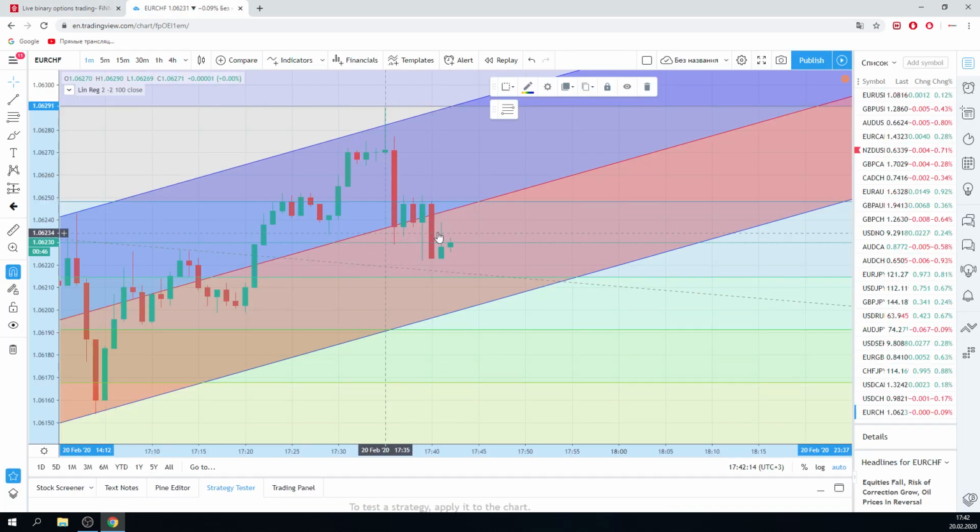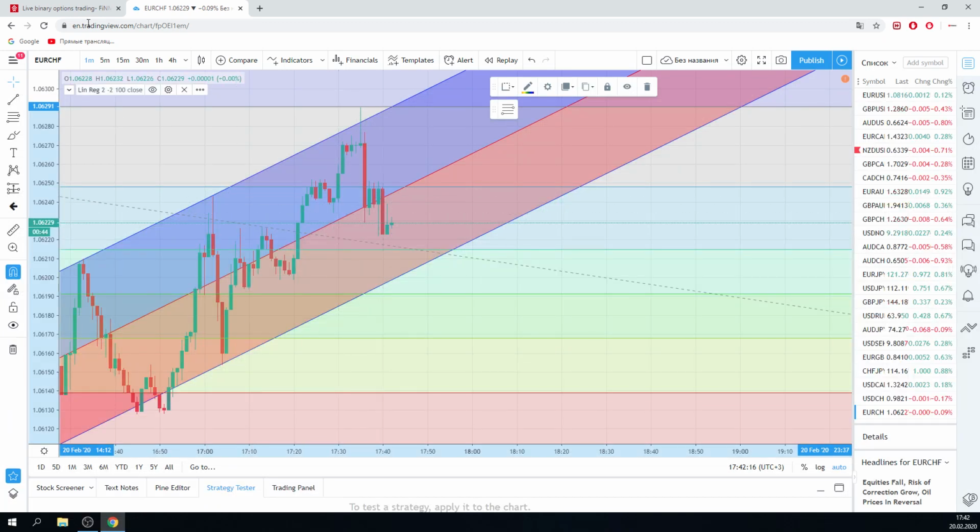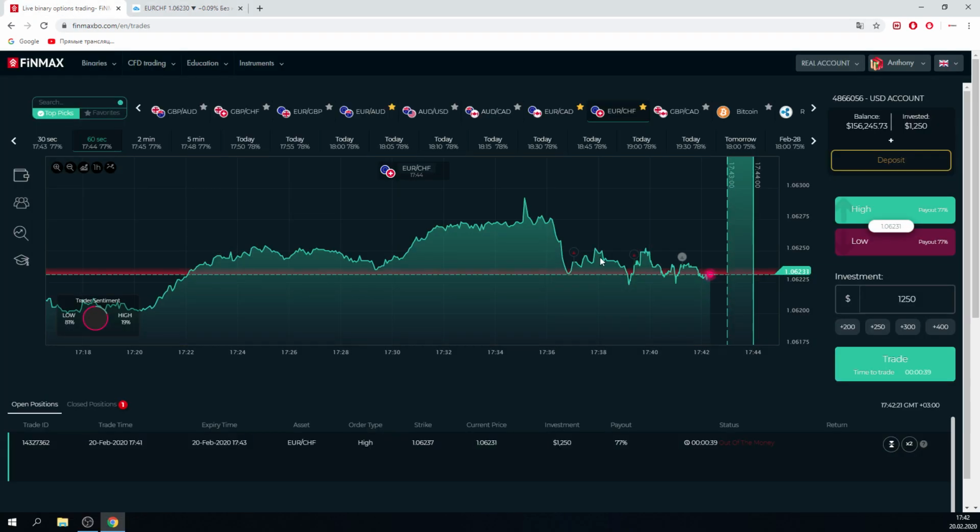Okay, the candles are located at the same level for the Euro CHF. Let's take a look whether I will be able to make this trade from the third step, because as you can see, I'm using almost the same level here. Nothing is changing.